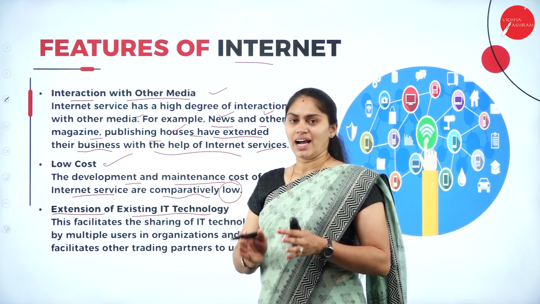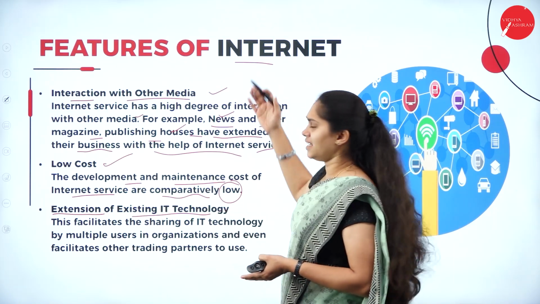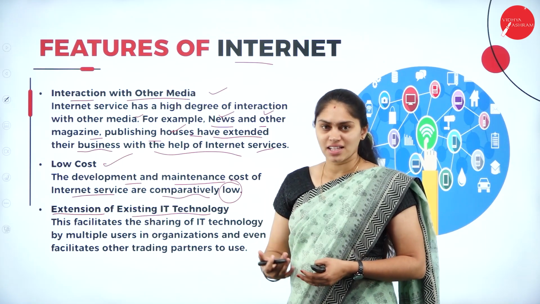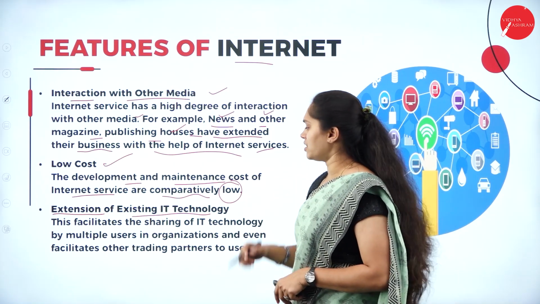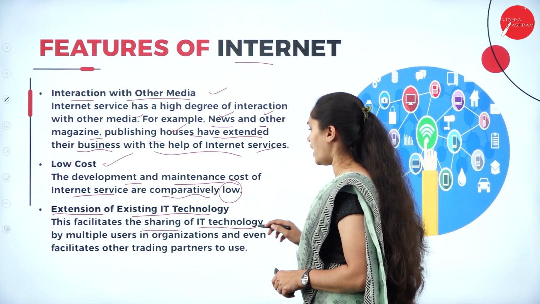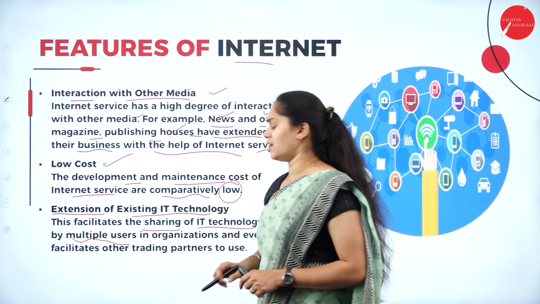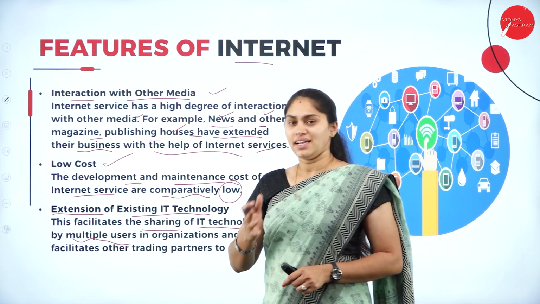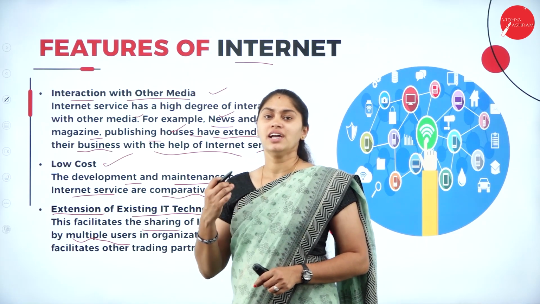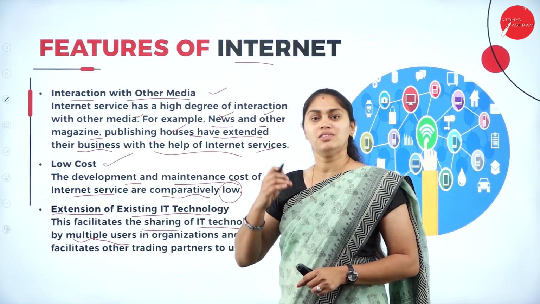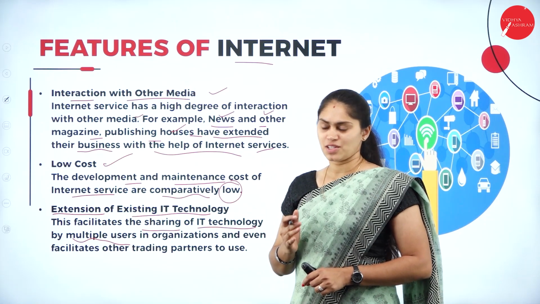The next point is extension of existing IT technology. Already we have IT technology, and with the help of the internet, we get a more enhanced or updated version. This facilitates the sharing of IT technology by multiple users. We can call this multi-tenant: N number of users are using the same infrastructure with the security and privacy of their data.